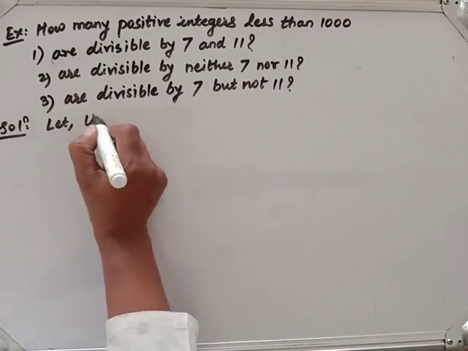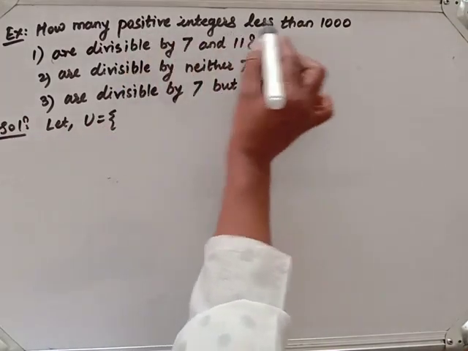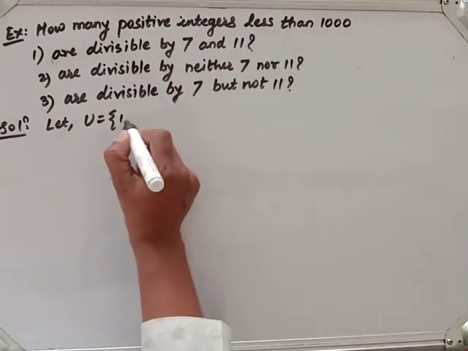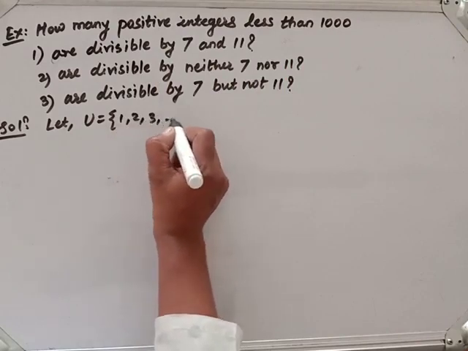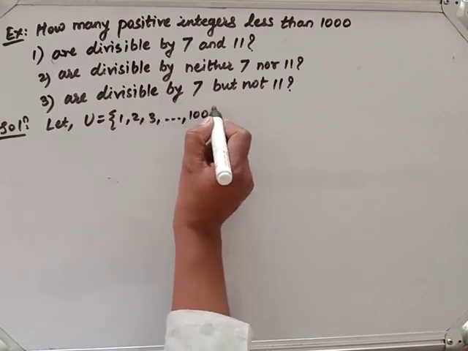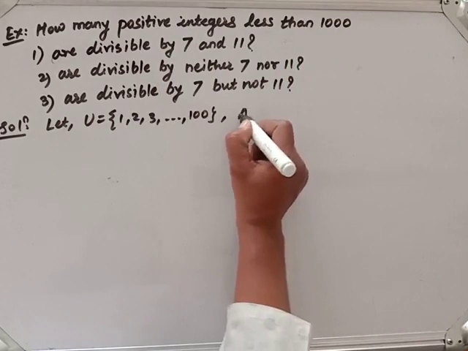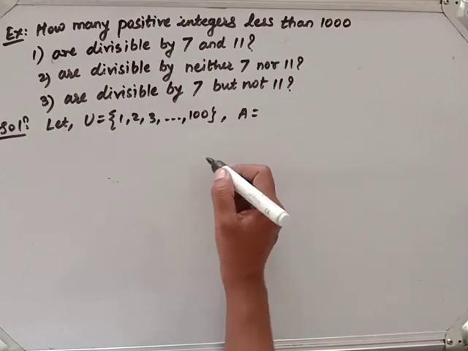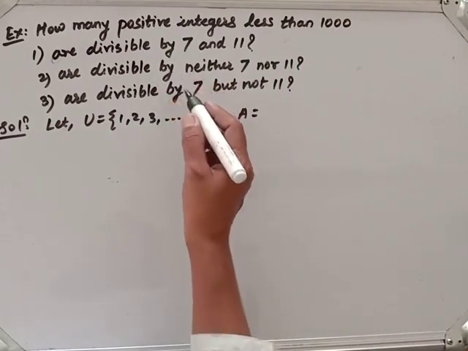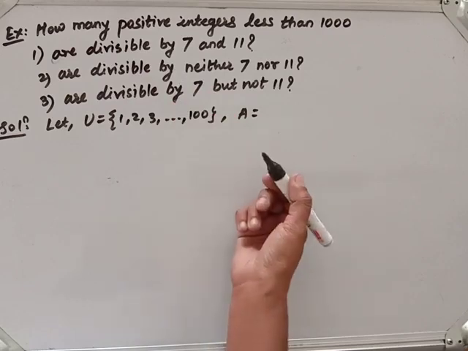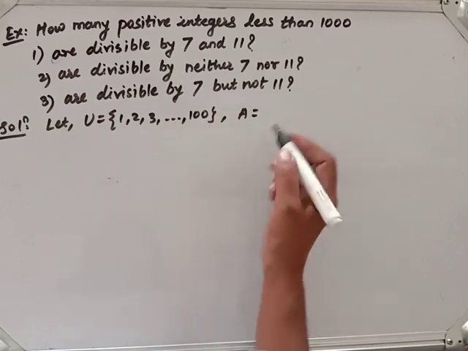Let the universal set be the set of positive integers less than what? 1000. Positive means 1, 2, 3, and so on up to 1000. What is set A? Set A is such elements which are divisible by 7, and let set B be such elements which are divisible by 11.